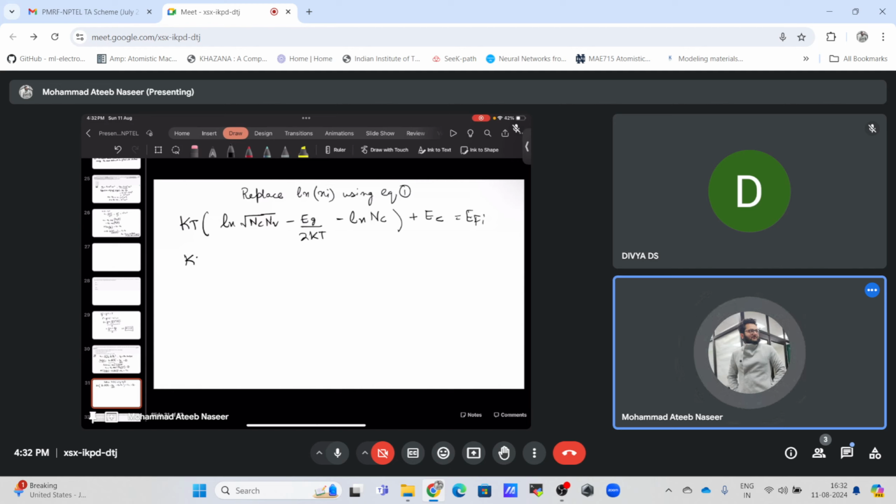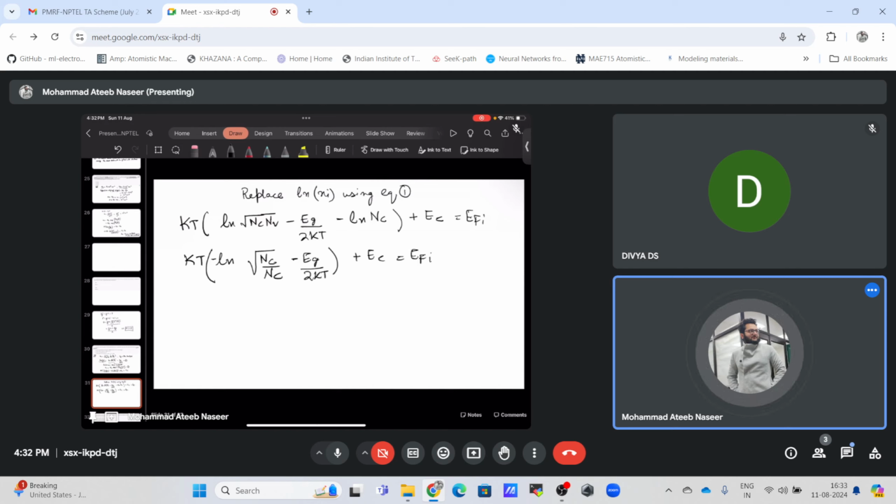This will be kT ln of root of Nv by Nc; the minus sign puts Nc in the denominator. So it will be kT ln of Nc by Nv, with a minus sign, minus Eg by 2kT, plus Ec is EFi.